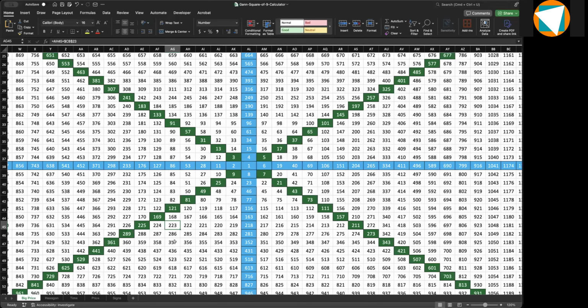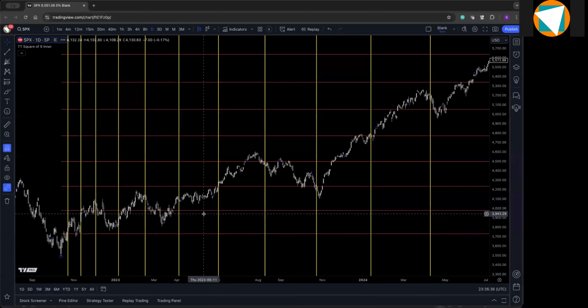And when it makes a new 360-degree lap around the Square of 9, then we draw a new red line. Each of these red lines represents a new 360-degree cycle around the Square of 9, and those are identified here in the settings as 0-degree prices.